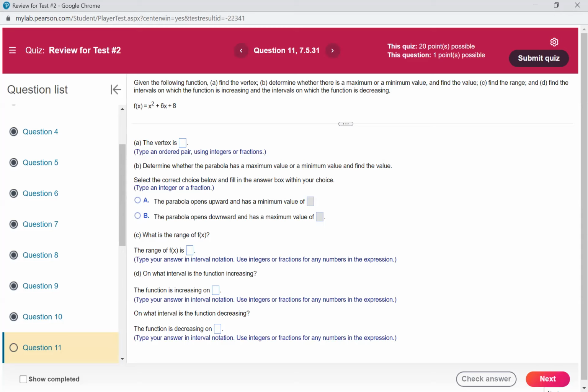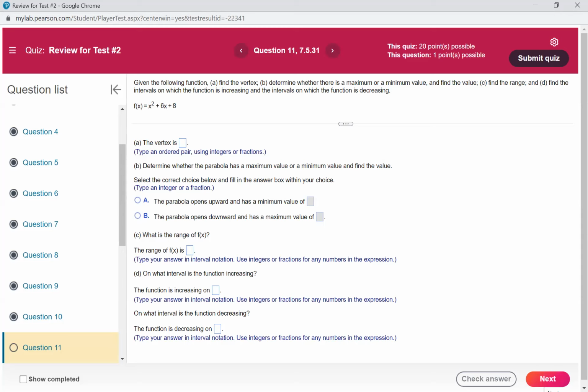All right, what is this? Number 11. So let me write this problem down. F of x equals x squared plus 6x plus 8. So let's see what all they want me to get.